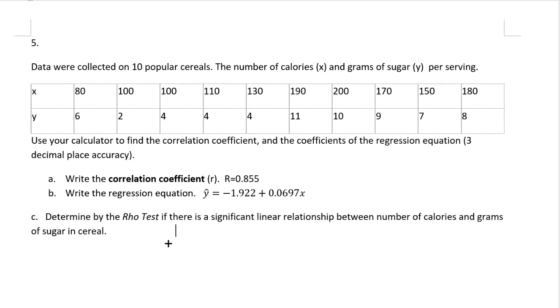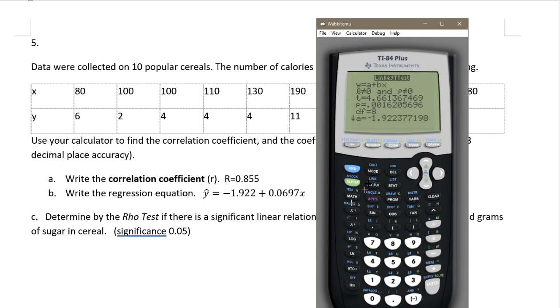By the way, in this test, unless otherwise specified, the significance level is 0.05, so that's what we're going to assume. Because the p-value is less than 0.05, you can say that this is significant.